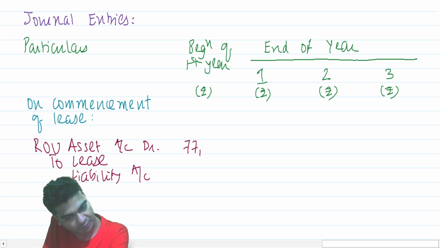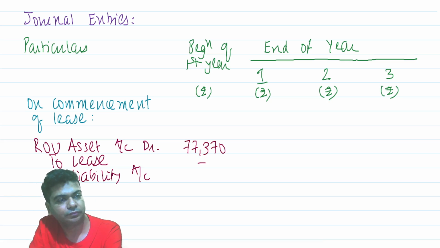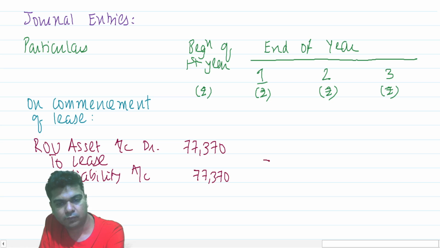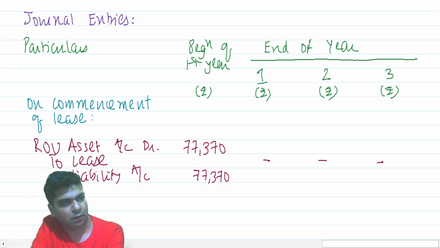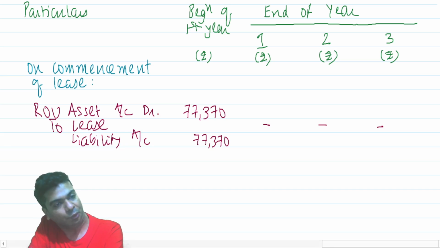So 77,370. So this is our first accounting entry.